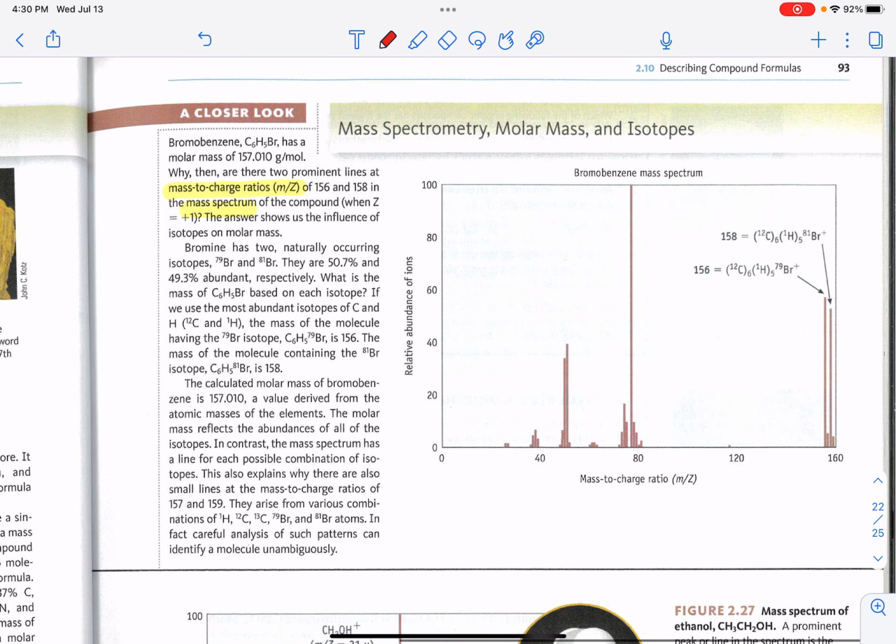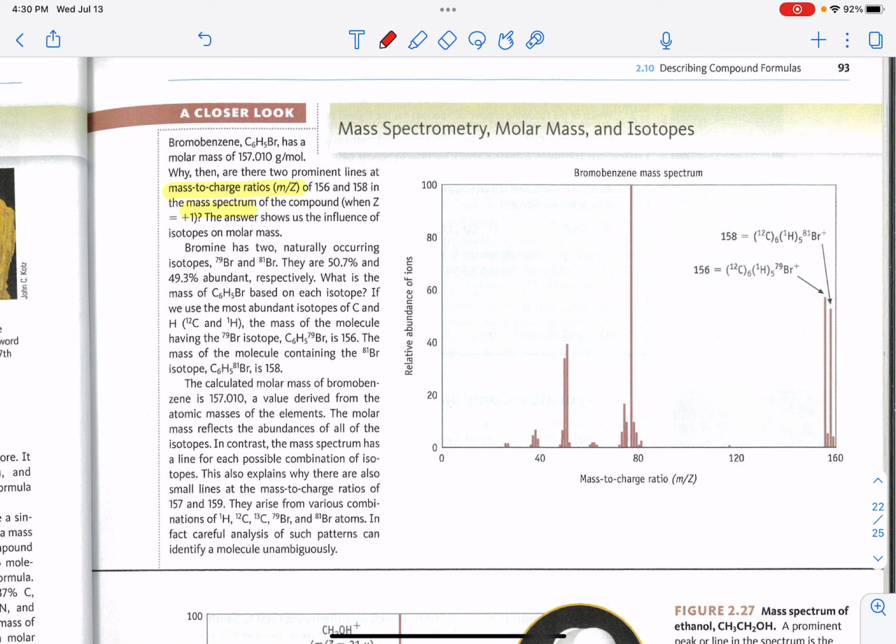Here's a nice mass spectrum from a mass spectrometer that shows you the relative percentage of some of the isotopes of bromine that are in a particular compound. This compound is bromobenzene, made out of carbon, hydrogen, and bromine.